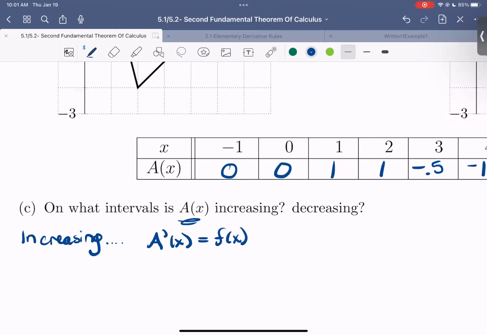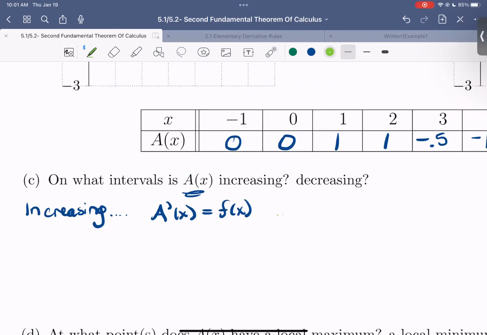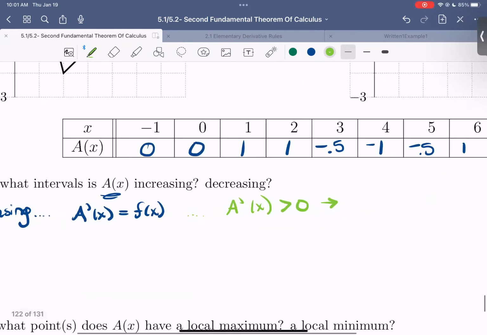And now, how does the derivative of a function tell us about the original function? Well, recall from Calc 1 that if a prime of x is positive, then our original function, a, is increasing.